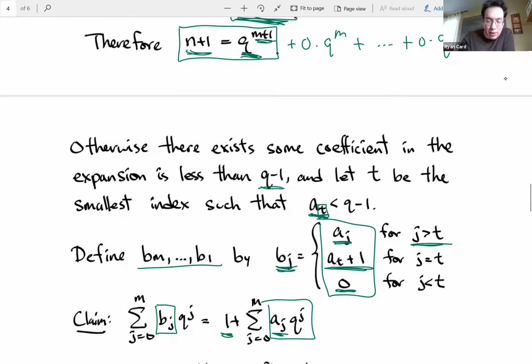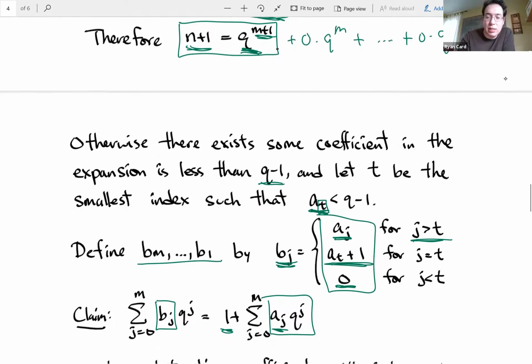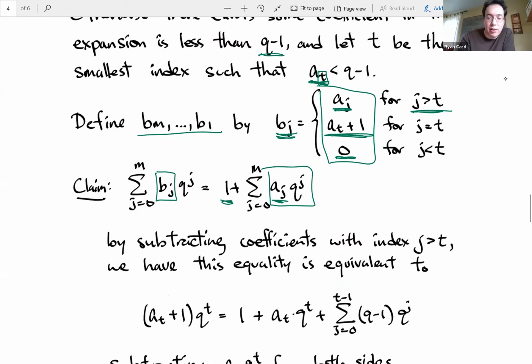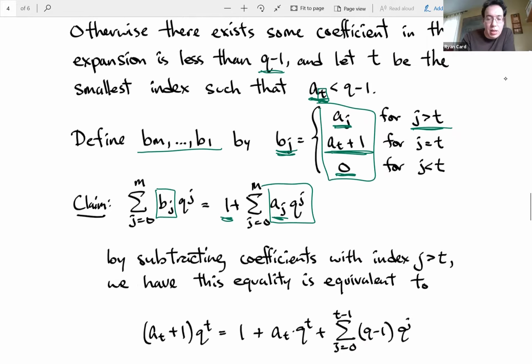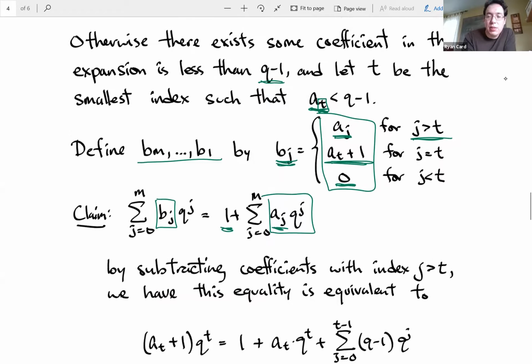So that's our claim. And basically how we prove it is similar to what we did slightly earlier. So what we're going to do is first cancel off all the leading coefficients. So all the a_j's where j is the index that's beyond t, all of those are the same here and here. So we could subtract those off.